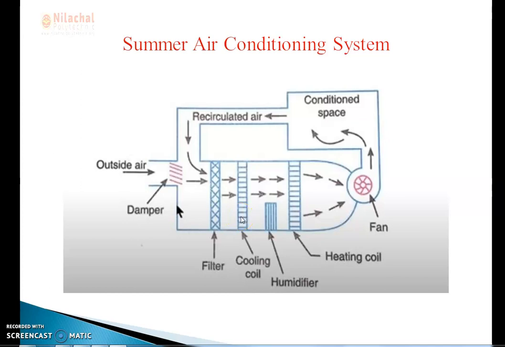The cool air passes through the perforated membrane and loses its moisture in condensed form, which is collected in the sump. After that, the air is made to pass through the heating coil, which heats the air slightly.